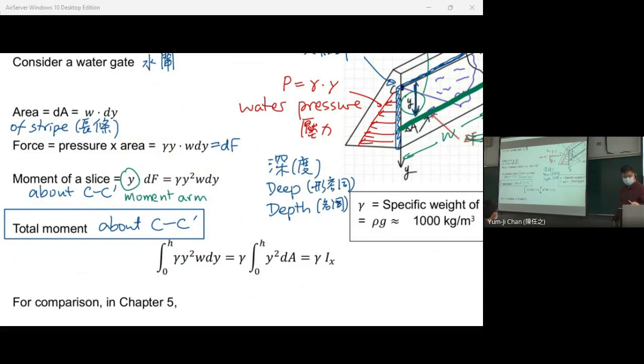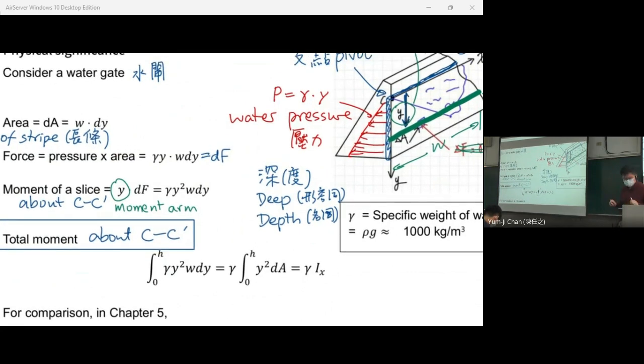Now, if we have the moment of these lines about C and C prime, for the total moment we get moment arm times force, plus moment arm times force, and so on, for all different values of y, right?